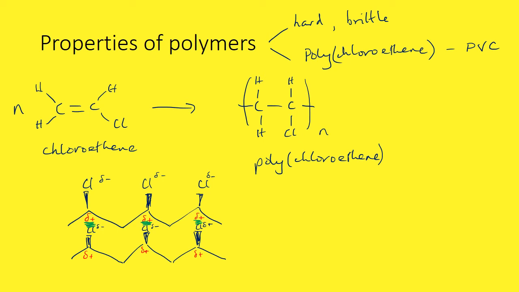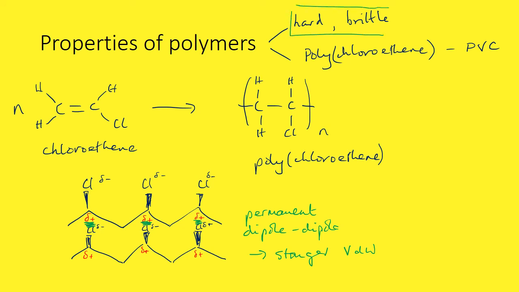All right, and that would be called a permanent dipole-dipole force, which is a reasonably strong bond. So let's draw that out. Permanent dipole-dipole, which is stronger than van der Waals force, right? Which is what makes this type of polymer, this PVC, hard and brittle, right?